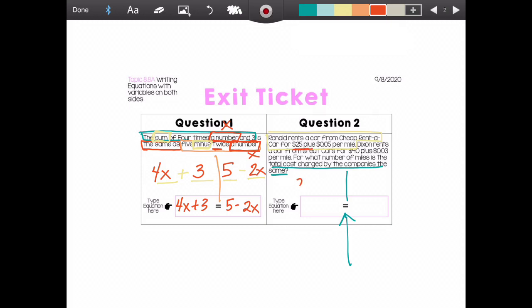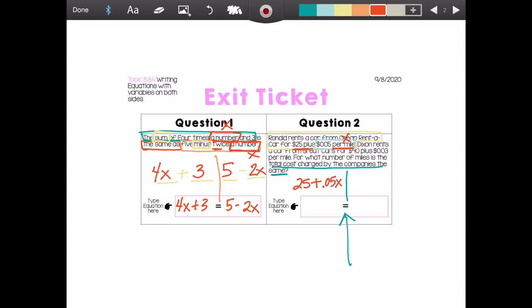So I know I'm going to start with 25 and I'm going to be adding something. The second part says 5 cents per mile. It doesn't give us the exact number of miles, it just says per mile. So when it's our unknown, we're going to represent it with a variable, x, and 5 cents is our coefficient. So 5 cents x.